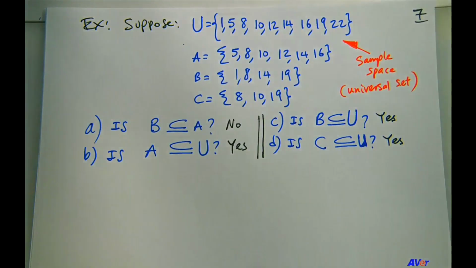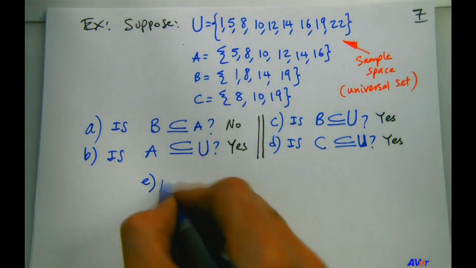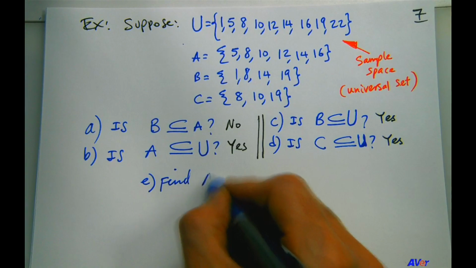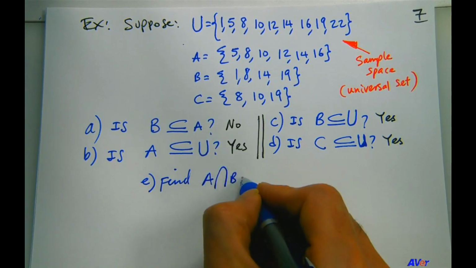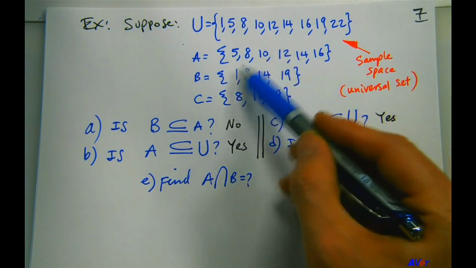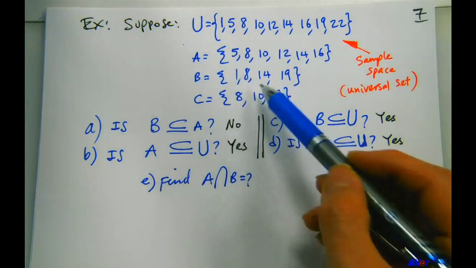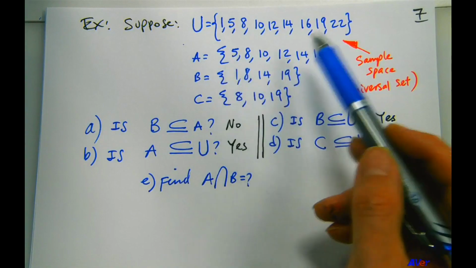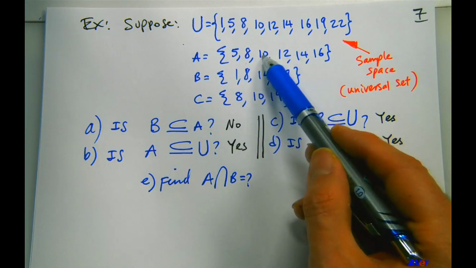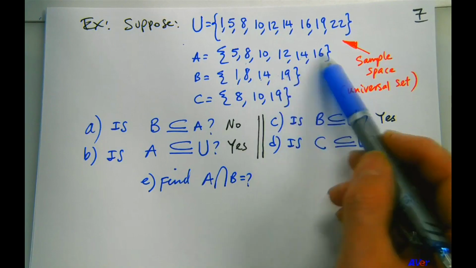Then let's ask for part E. We want to find A intersection B. So A intersection B is referring to any elements that are part of both A and B, right? 1 and 5, no. 8, yes, 8 is part of both. 10 is not here, 12 is not here, 14 is here, 16 and 19 are not common.